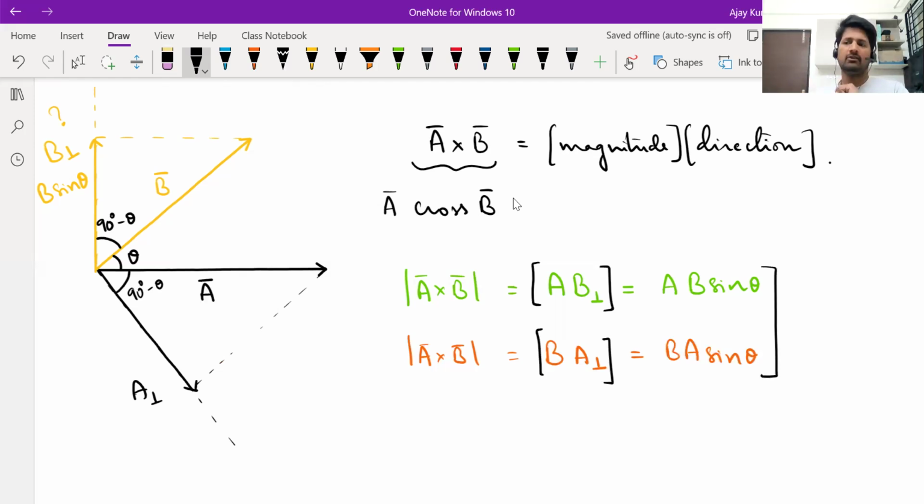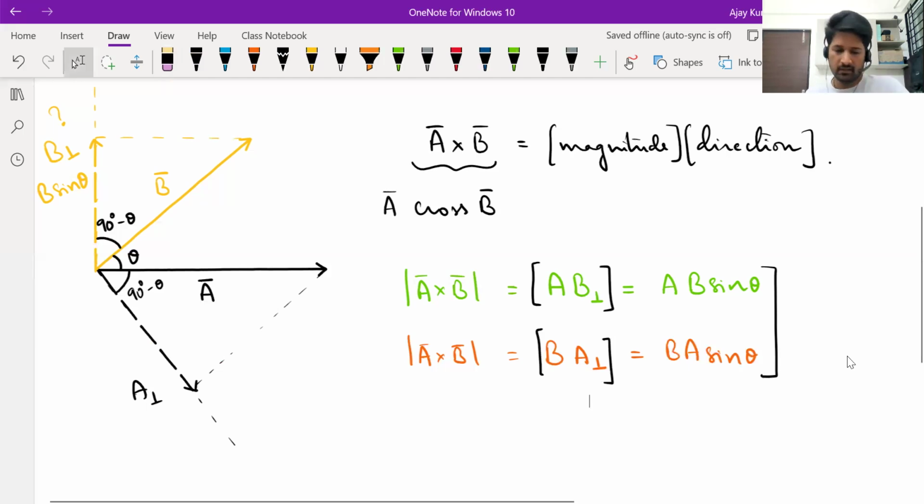So whenever this kind of an operation is needed, you will use cross product. In this chapter, you will understand where we'll need to multiply one vector and the perpendicular component of another vector. There we'll be using cross product. So that is how you understand whether dot product or cross product is to be used in a particular situation. It all depends on what kind of multiplication you need to do and what kind of result you expect, whether you want the result to be a scalar or a vector.